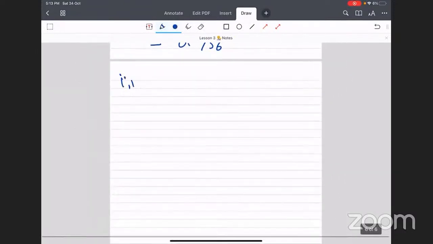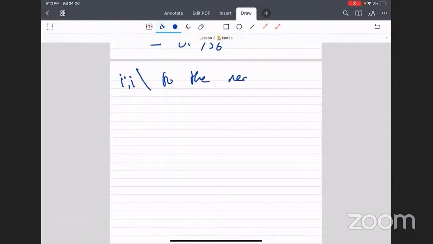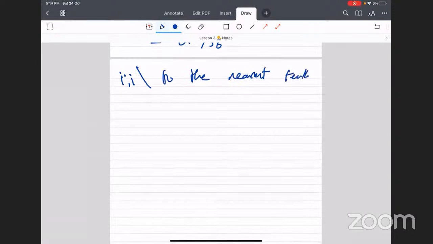Okay, so what if we want to do it to the nearest tenth? Number 3, 0.9561 to the nearest tenth. One is incorrect.